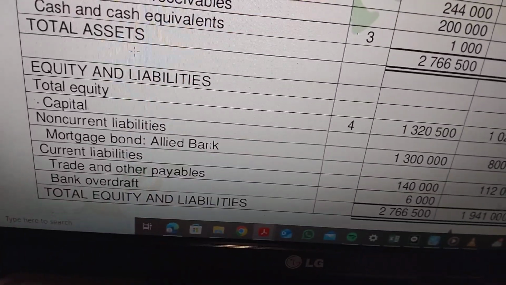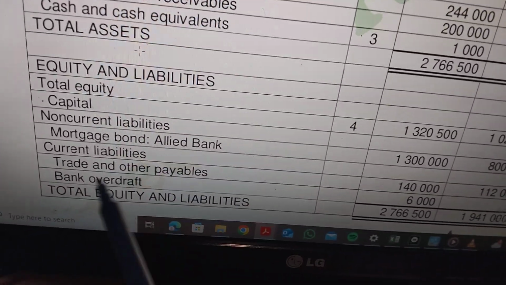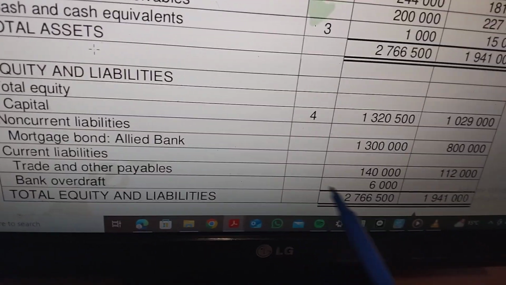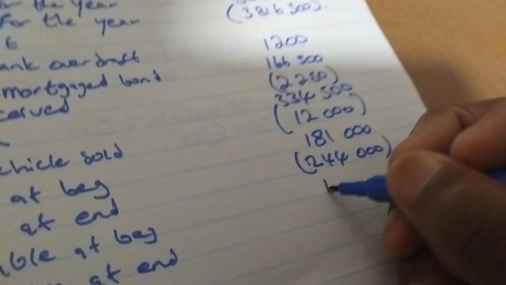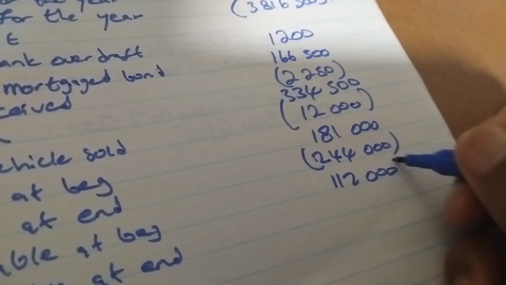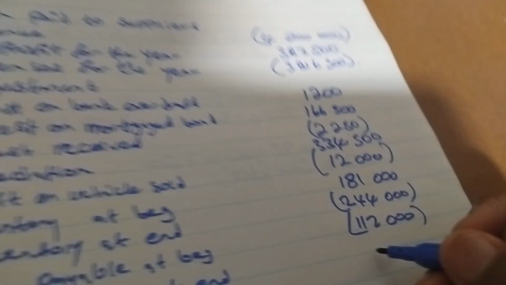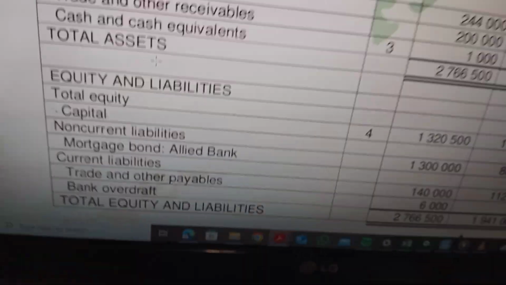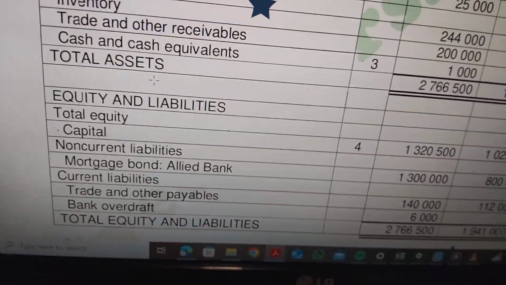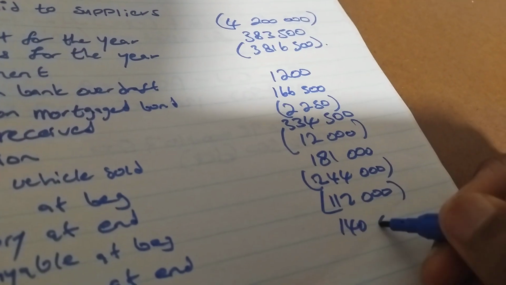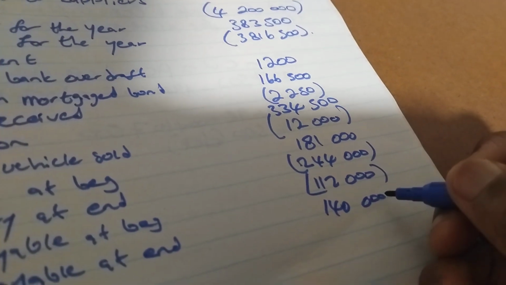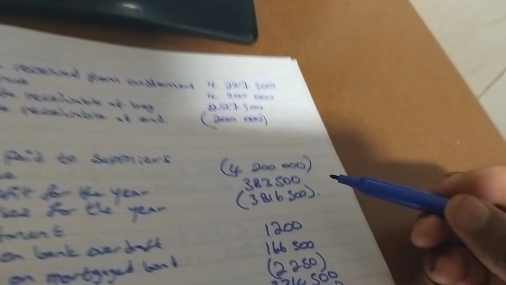So our trade payable at the beginning is 112,000, which must be in the brackets. And then trade payable at the end must be 140,000.